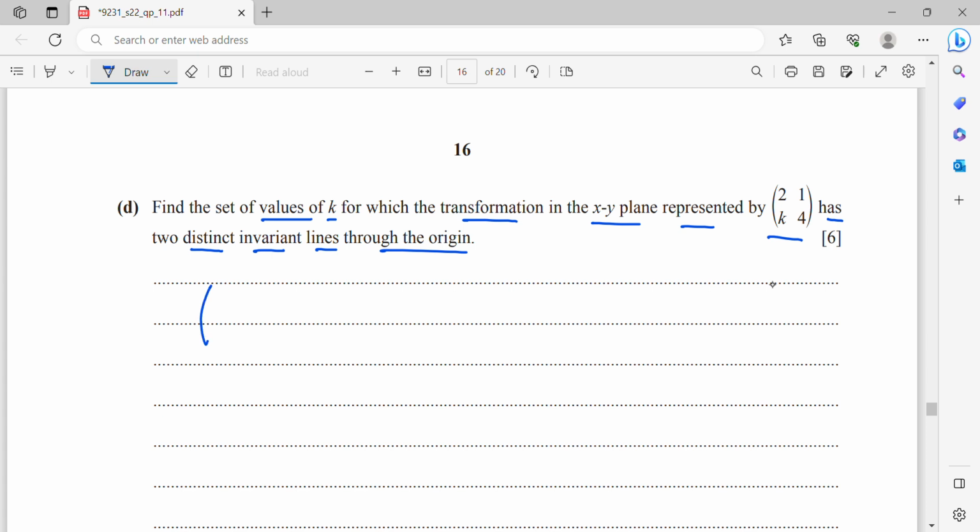So now I will start with capital X and capital Y, and my M is [2, 1; K, 4]. That is my transformation matrix.